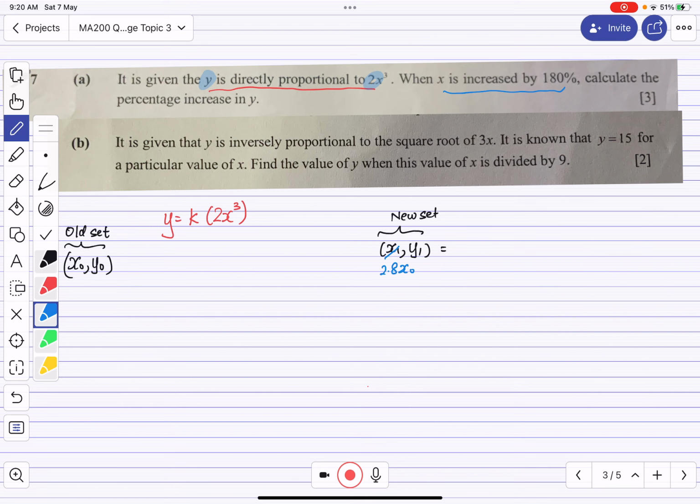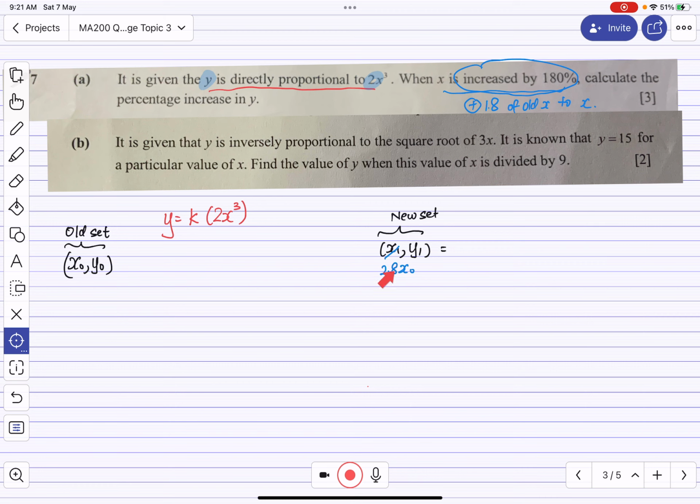It is not 1.8, because when we say increase here, it means that we are adding 1.8 times of the old x to the old x. So x1 is actually 2.8 times the original x0.